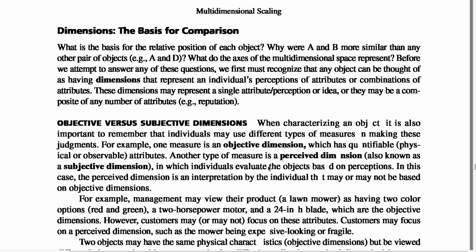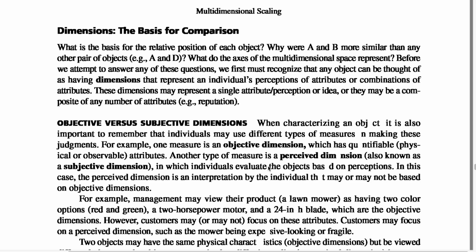Objective versus subjective dimensions. When characterizing an object, it is also important to remember that individuals may use different types of measurement in making these judgments. For example, one measurement is objective dimensions, which are quantifiable, physical, or observable attributes.